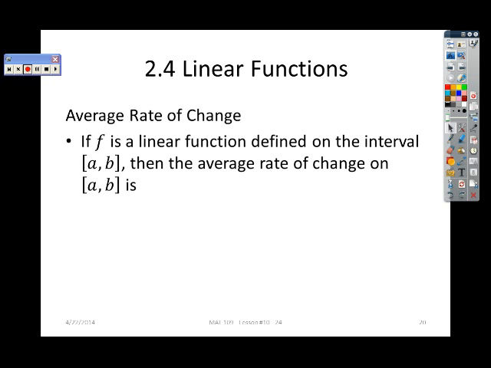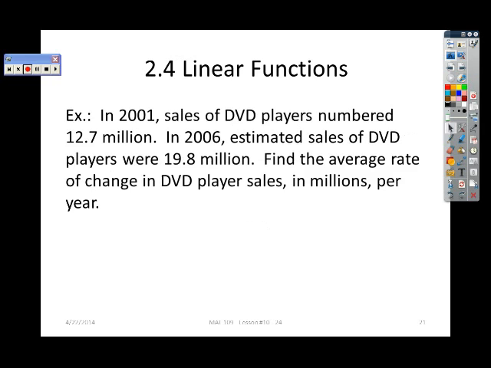So if you have a linear function, and it's defined over this interval, so this is your input, this is your domain, the average rate of change on that is defined as the value of f at this end minus the value of f at this end, divided by how far it is between those 2 points. If you go into calculus, you'll see that as the definition of slope. It's f of b minus f of a over b minus a.